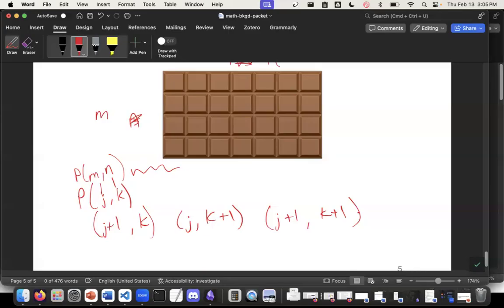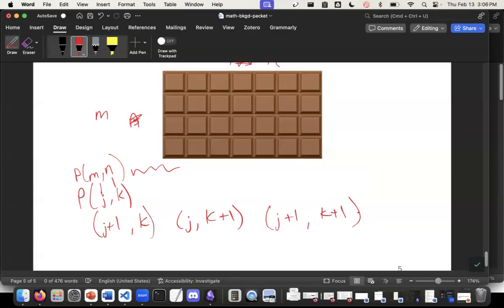So for this chocolate bar, how many breaks does one column take? One, two, three. So this is N, and N is four.